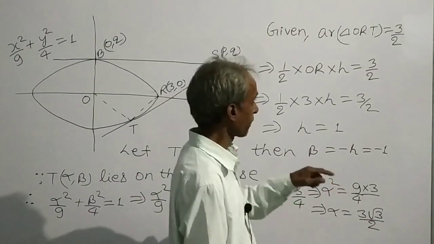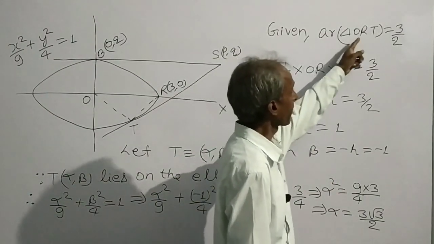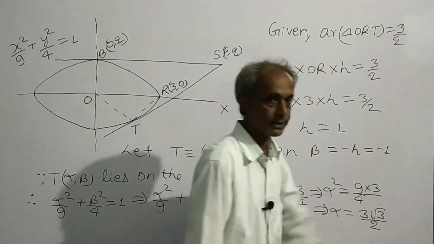It is given in the question that area of triangle ORT is equal to 3 by 2.